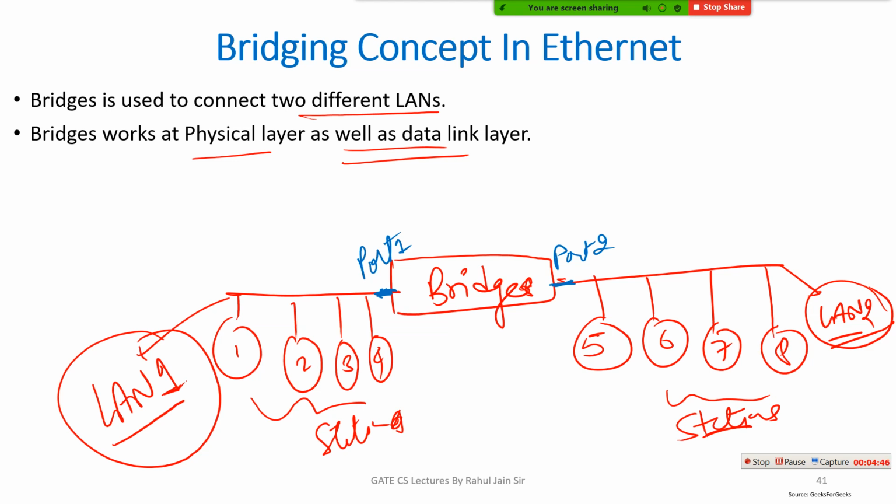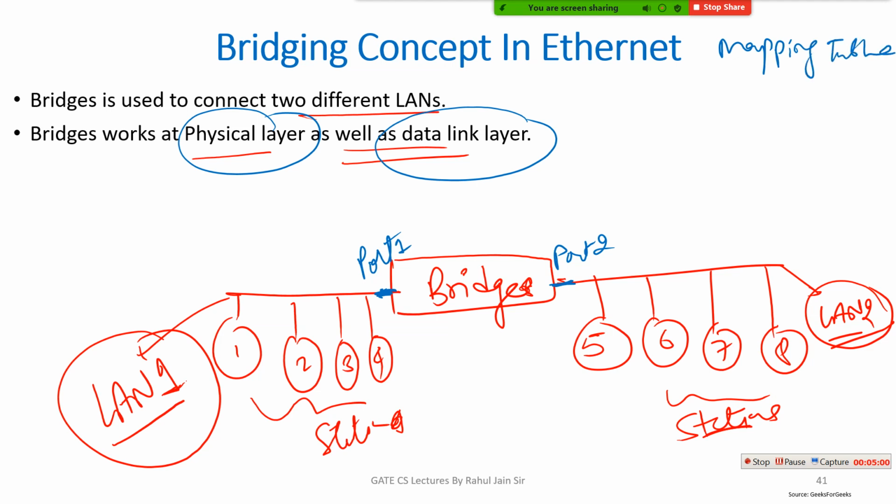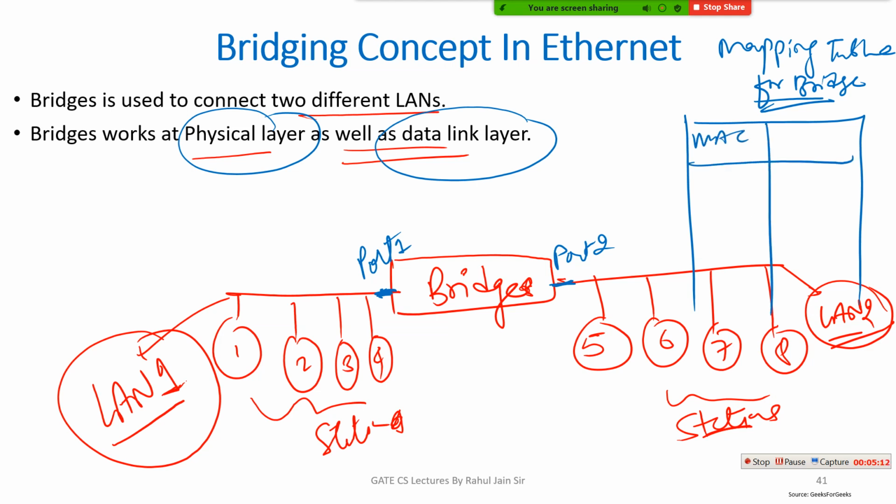Now I told you that a bridge works on the physical layer as well as the data link layer. So these entries will be mapped into the mapping table. The mapping table for the bridge will hold this entry: the MAC address will be stored with respect to the port, because the MAC address is a part of the data link layer.